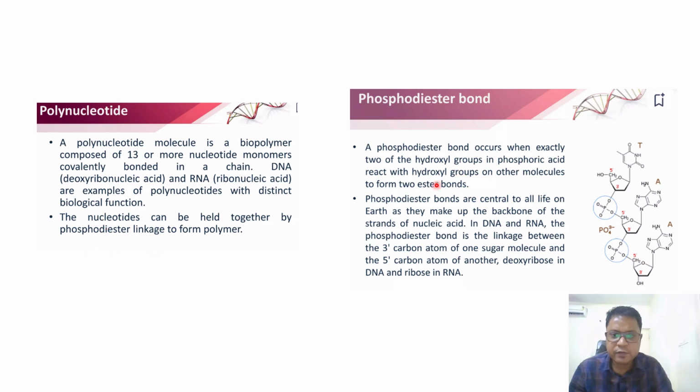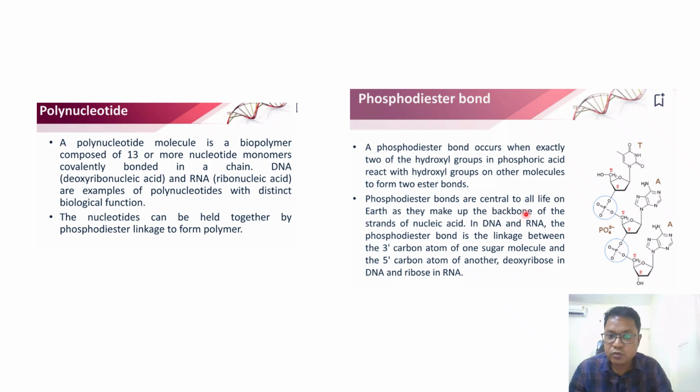So what is a phosphodiester bond? A phosphodiester bond occurs when exactly two of the hydroxyl groups of phosphoric acid react with hydroxyl groups on other molecules to form two ester bonds. You can see this OH group present in the sugar is making a bond with the phosphate group present at the 5' position of another sugar, and this is the phosphodiester bond.